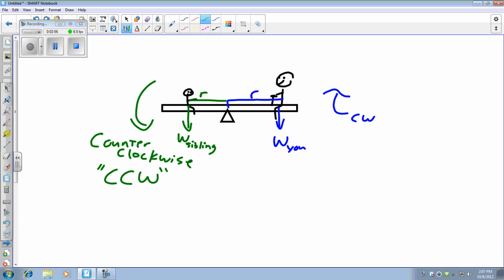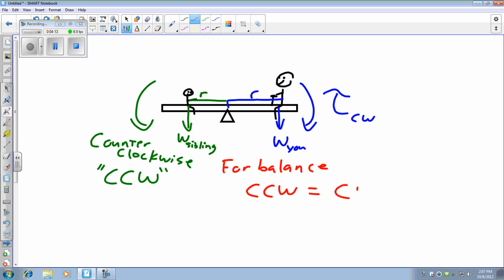So you have a clockwise torque coming this way, and a counterclockwise torque coming this way. And in order to achieve balance, the counterclockwise torque has to equal the clockwise torque. That's important.